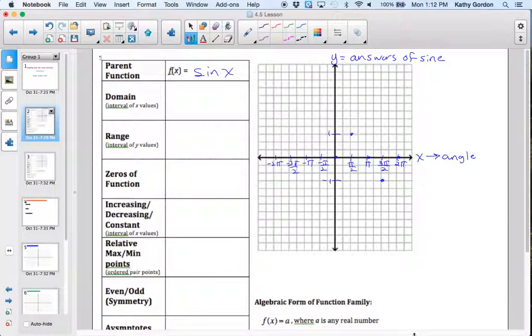I start here on my y-axis at 0, and then the next tick mark puts me at max, next tick mark puts me at 0, next tick mark puts me at min, and the next tick mark puts me back at 0. So if we set up these 4 tick marks, they're going to fit that 5-point pattern. And then I continue the pattern to the left, but I have to realize that continuing the pattern means I have to actually go down first, 0, back up, 0.